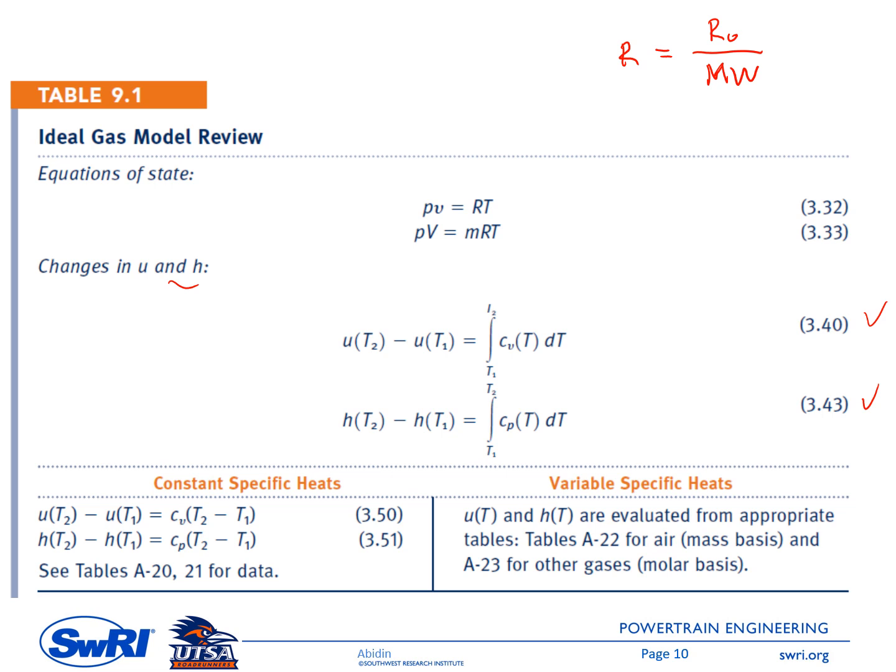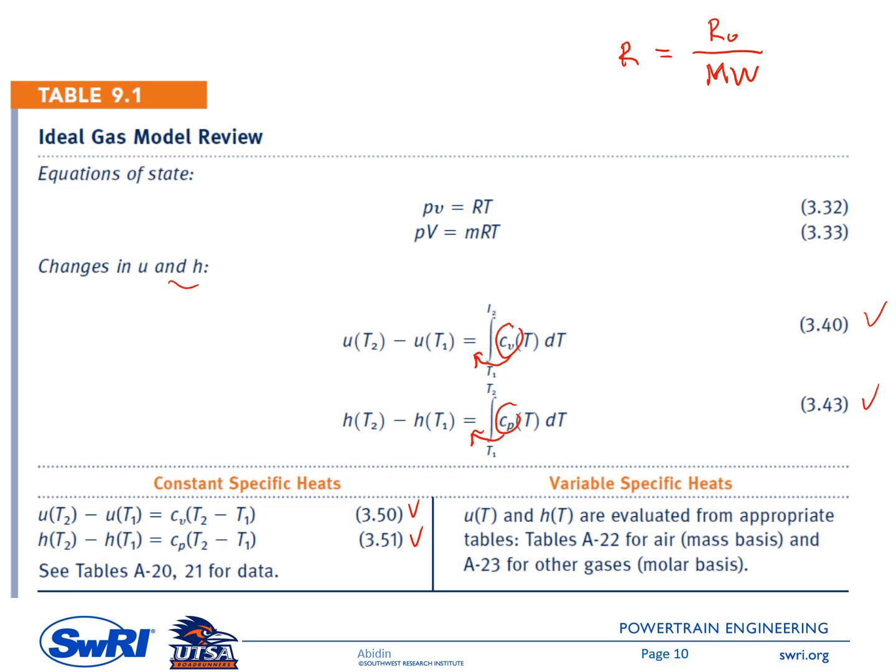On the left side, if we assume that the specific heat values are constant, it means Cv and Cp can be put outside of the integral, and then we will have equation 3.50 to estimate the change of the specific internal energy, or equation 3.51 to estimate the specific enthalpy.